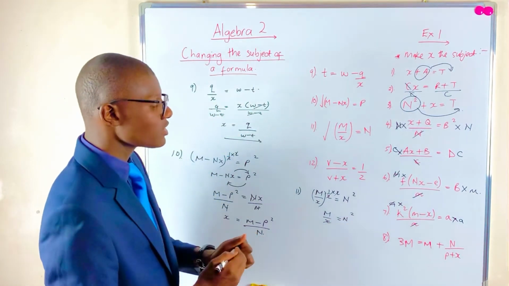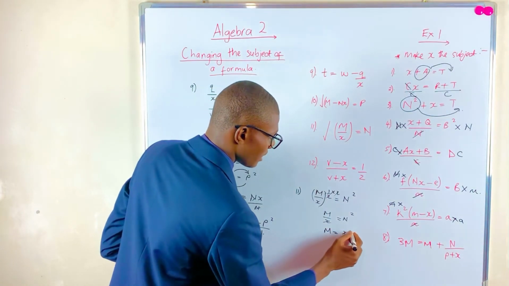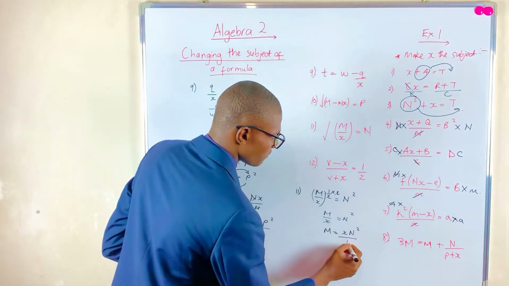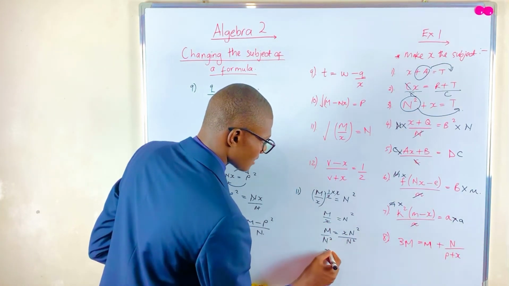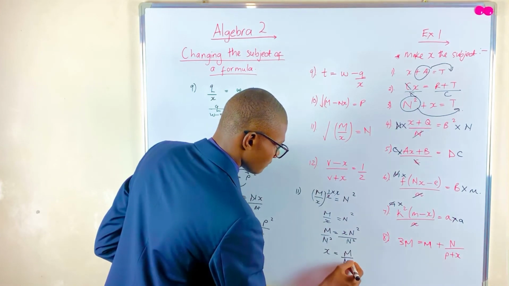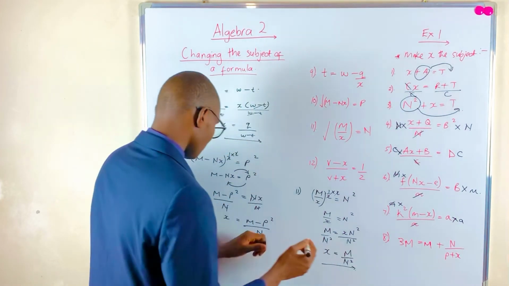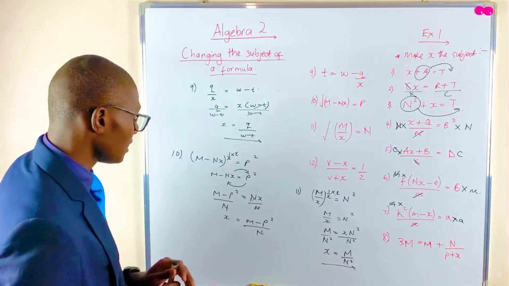If you multiply both sides by x, m would be equal to x n squared. Then if we divide both sides by n squared, x would be equal to m over n squared. That's how we do number 11. And then lastly, let's look at number 12.